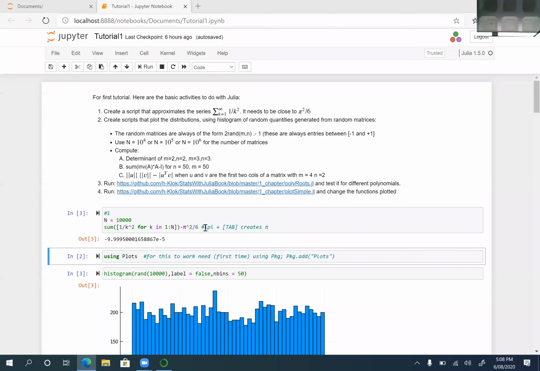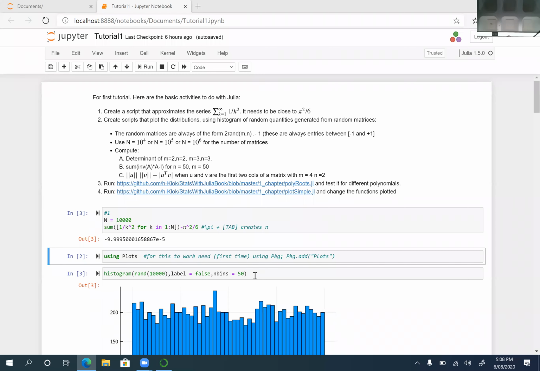All right, so what we've got here, and I'm talking about line 3 now: histogram, rand 10,000, label equals false, nbins 50. So let's talk about what all of that is. I think that we're getting 10,000 random numbers between 0 and 1.